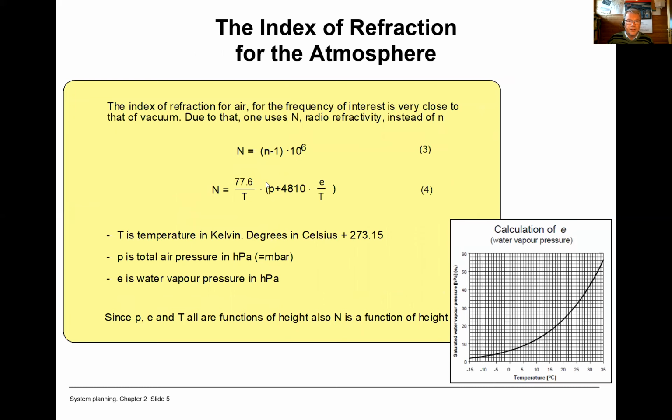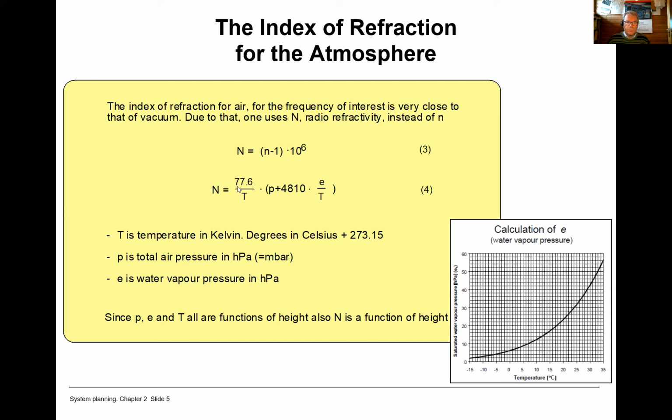Then, since the index of refraction of air is very close to 1 in vacuum, we usually use what we call radio refractivity instead of n, and that big N is (n minus 1) times 10 to the 6th. And we have an empirical formula for that.